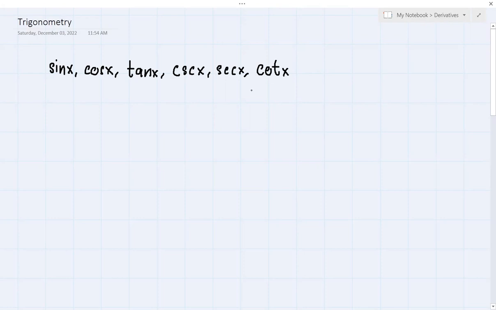Alright? Sin x, cosine x, tangent x, cosecant x, secant x, and cotangent x. So, what are their rules of differentiation? Okay? So, let's start first with the sin x.